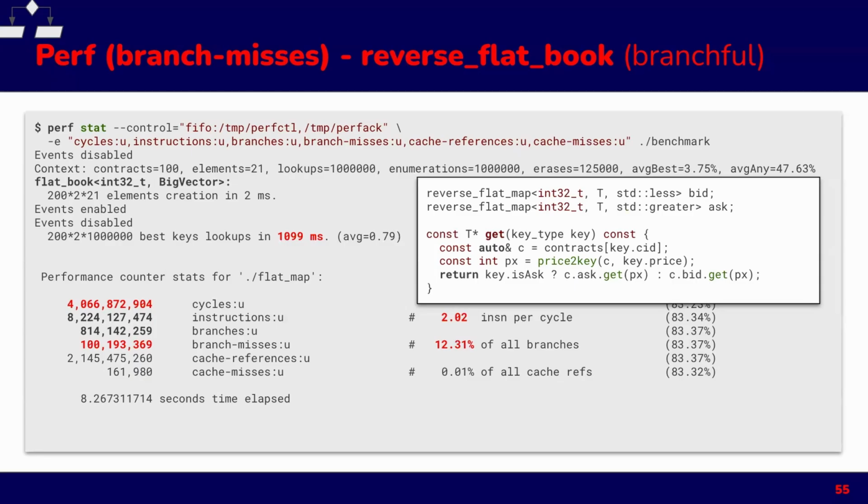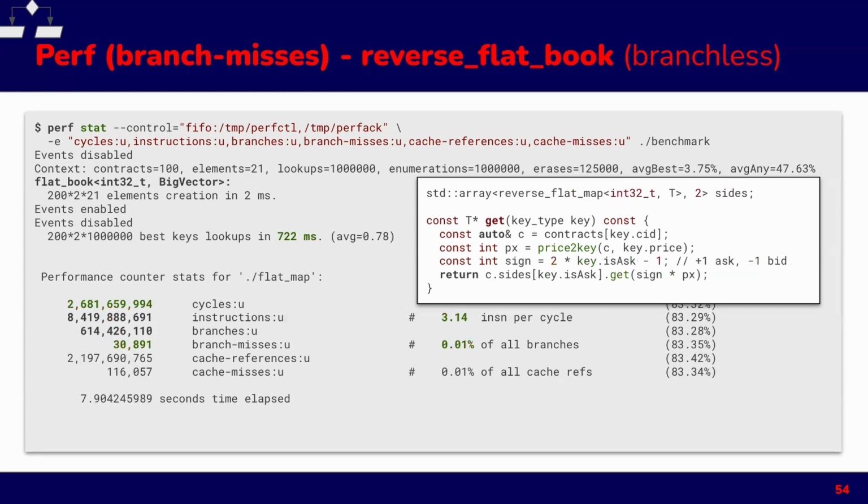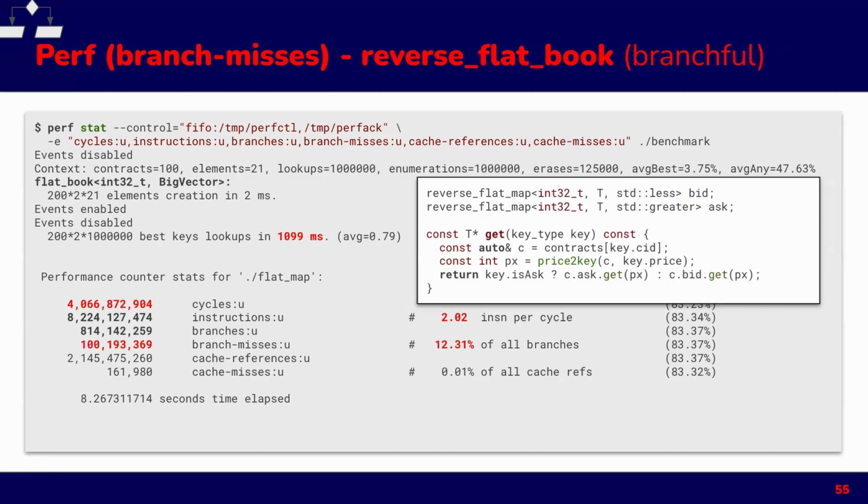So there are 200 million additional branches. In the first case, there's a tiny number of branch misses, and in this case, there are hundreds of millions of branch misses. Exactly half of the additional branches were mispredicted, which led to this high number and this low number. That's basically it.